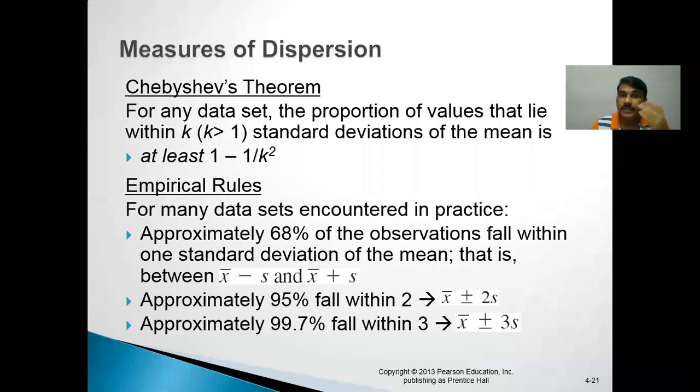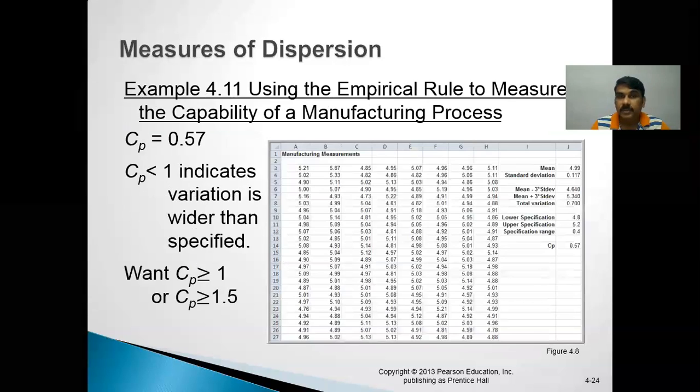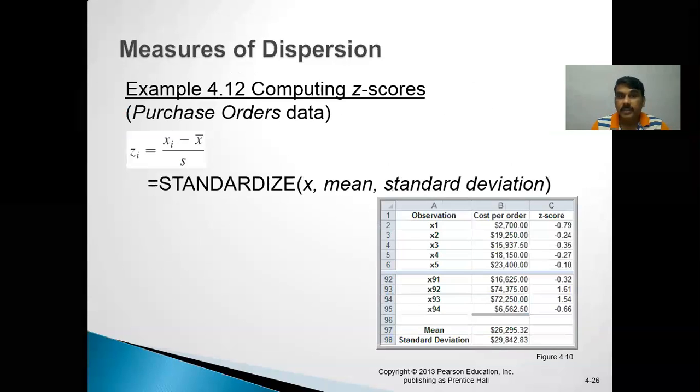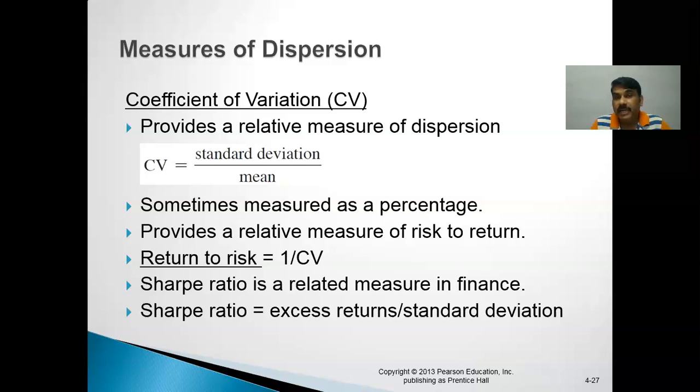Then we have different formulas, but I will show you maybe here. Yes, this is on your screen right now, that we have discussed just now. The coefficient of variation provides a relative measure of dispersion, that is standard deviation divided by mean, as we have discussed, and sometimes measured as a percentage also.